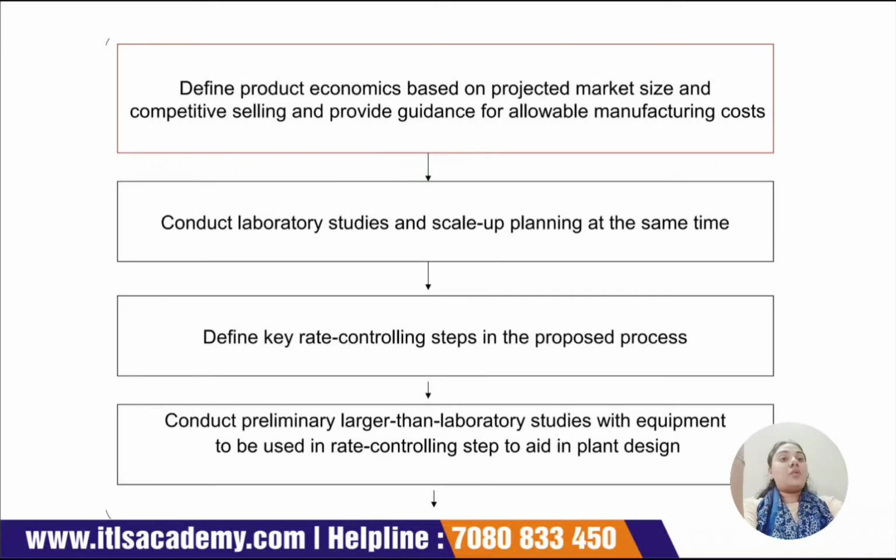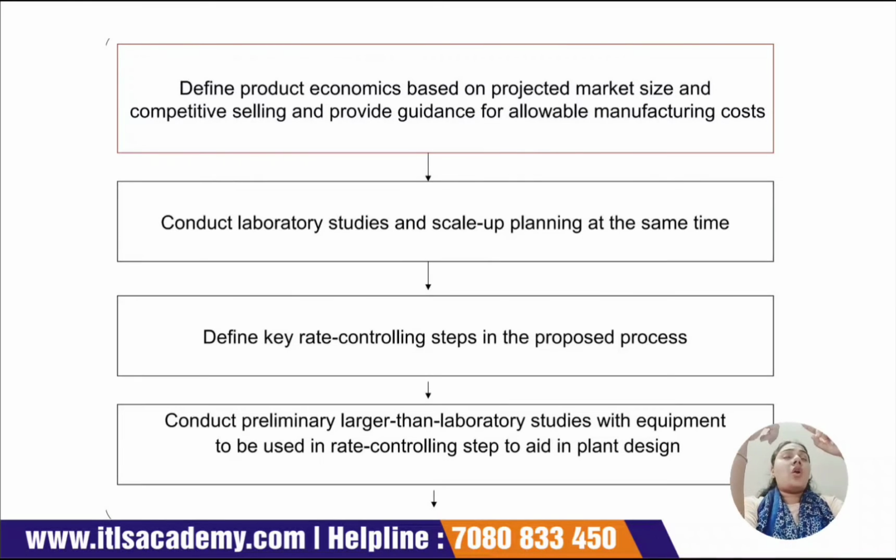That means what is the market size of the product that is going to be manufactured, what are the competitive selling prices, and what guidance is going to be used for allowing the manufacturing cost. So the first step is define the product economics.